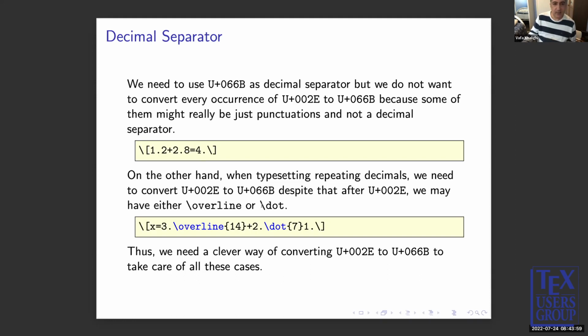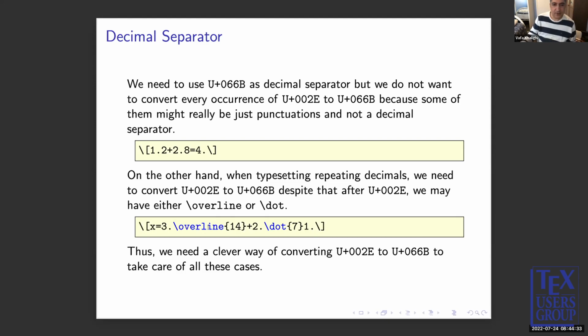So as an example, consider that in display math, we need to typeset something like x equal to 3.14, and by this I mean that this is really 3.14141414, so it keeps repeating, and the other one is 2.71, and this is really 2.77777, repeating 7, but then 1 at the end, and there's obviously a period at the end.